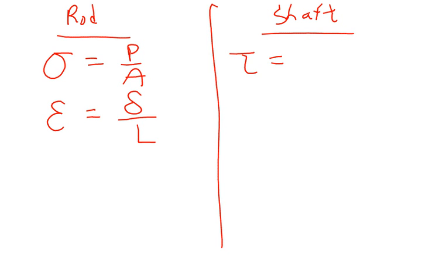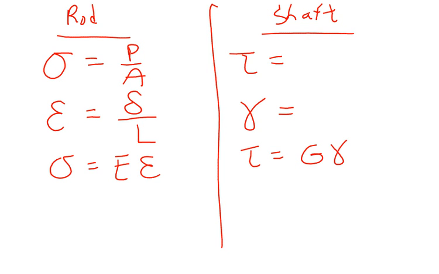So epsilon was a normal strain. For the shaft, we need gamma, which is a shear strain. We need an equation for that. For the rod, we had Hooke's law in axial loading, which is sigma equals E epsilon. For the shaft, it's just the shear version of Hooke's law, so that's tau equals G gamma, if you recall.